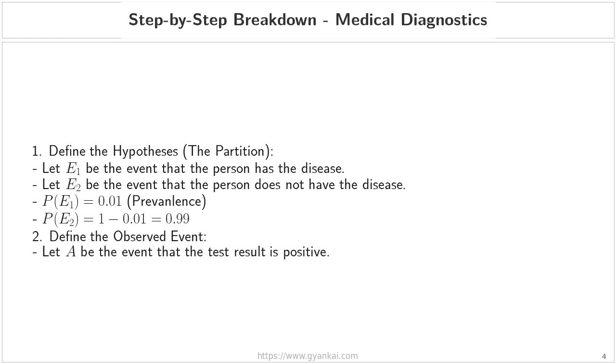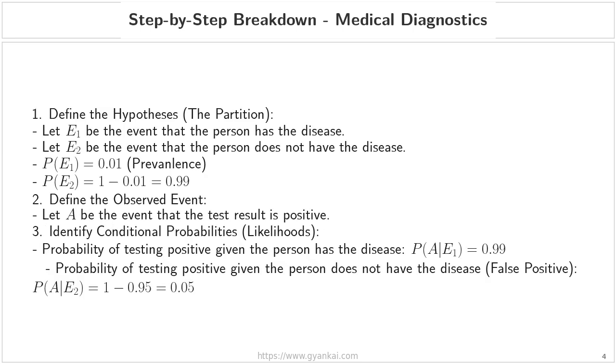Second, we define our observed event. We'll call this event A in this specific case. Event A represents the moment we see a positive test result. Third, we need to identify our conditional probabilities, also known as the likelihoods. We are looking for the probability of the event occurring, given that a specific hypothesis is true.